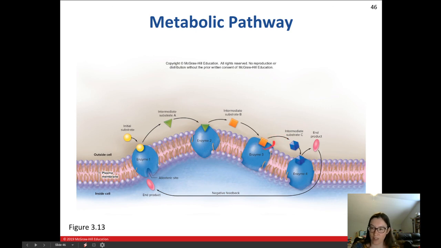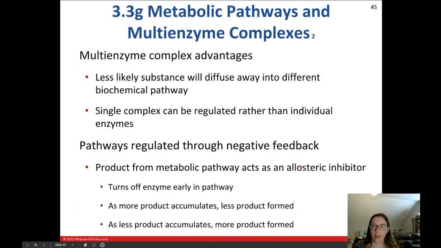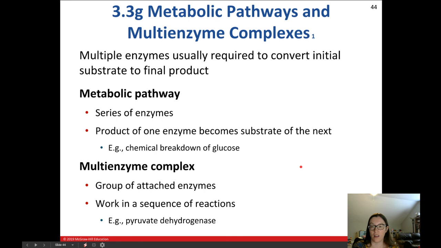The product from enzyme 3 turns into the substrate for enzyme 4, and so on. This proceeds in an orderly manner. A lot of times they might be embedded in the plasma membrane so that they are close to each other and stay close together. Now, we'll come back to that picture in a second.